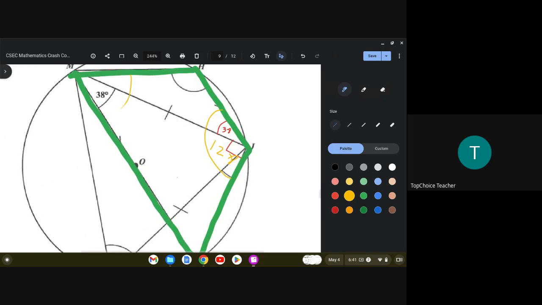So isn't this angle, which I just drew in yellow, plus this 128-degree angle supposed to give you 180 based on what we just saw? Yes, sir. So that means this 128, add this 38, add this little missing piece, should give us 180 degrees.